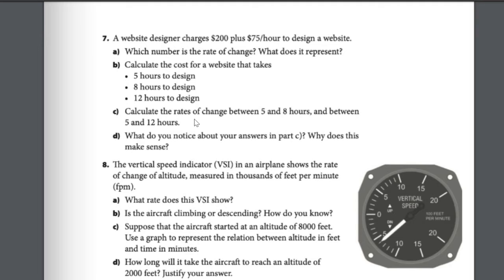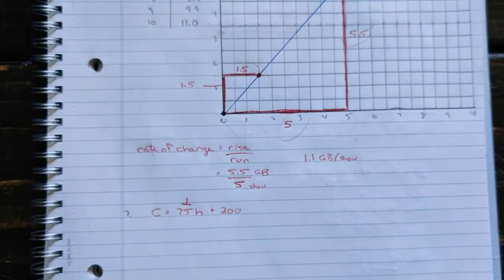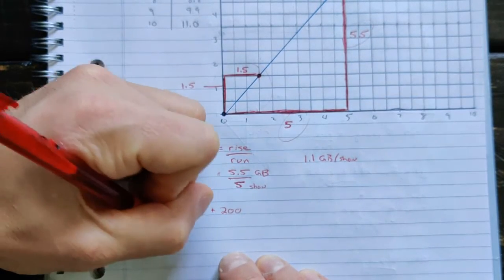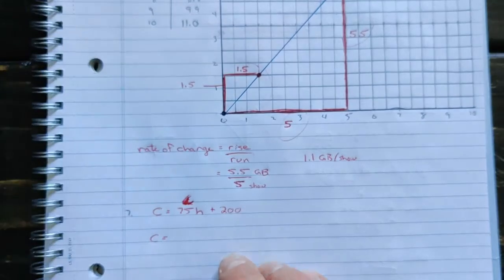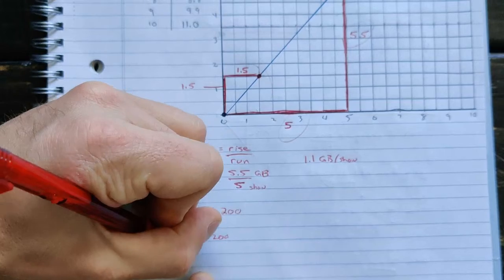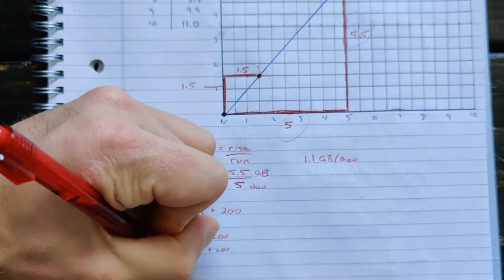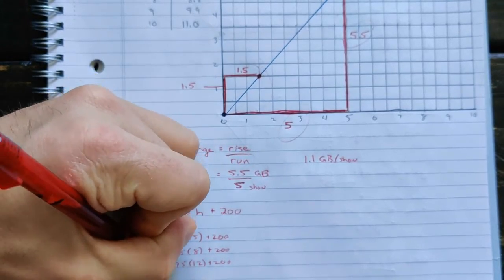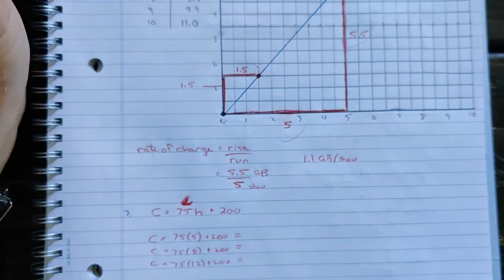You'd calculate the rate of change between those, and I'll show you here quickly. The cost after 5 hours is 75 times 5 plus 200, 75 times 8 plus 200, and 75 times 12 plus 200. And so we can calculate each of these costs.